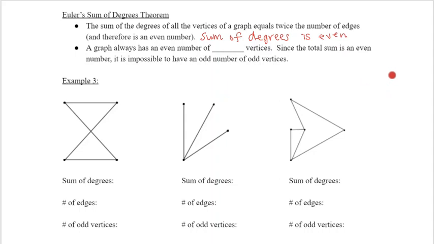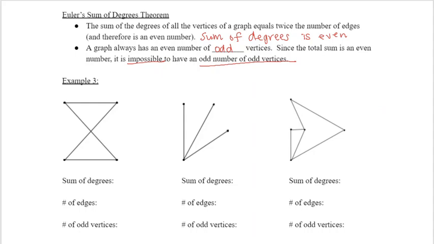So because of that, a graph will always have an even number of odd vertices, and it is impossible to have an odd number of odd vertices. So you cannot have a graph with 1 odd vertex. It is not possible.